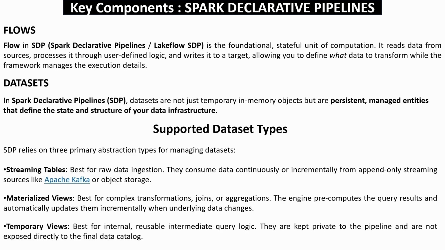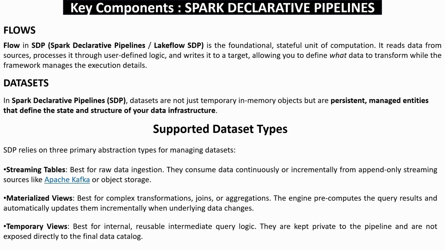This is a view which pre-computes your results and automatically updates for any incremental changes happening to your data. It is best for complex transformations, joins, or aggregations. The engine pre-computes the query results. That's important to note: materialized views store the pre-computed results and automatically update them incrementally when the underlying data changes.